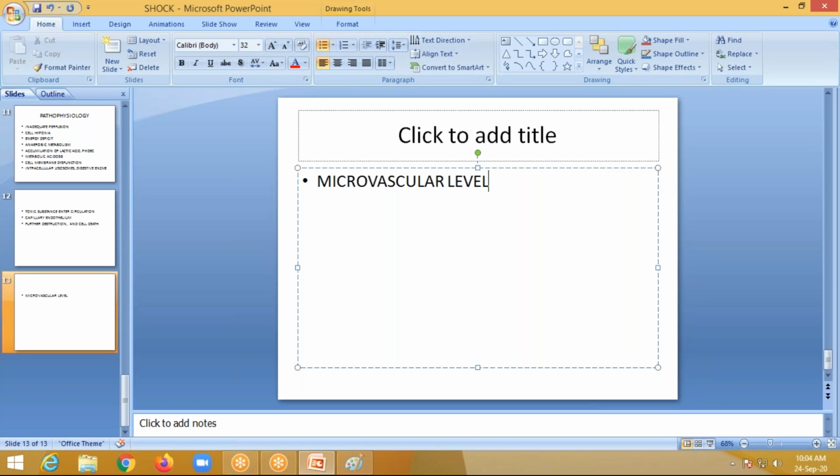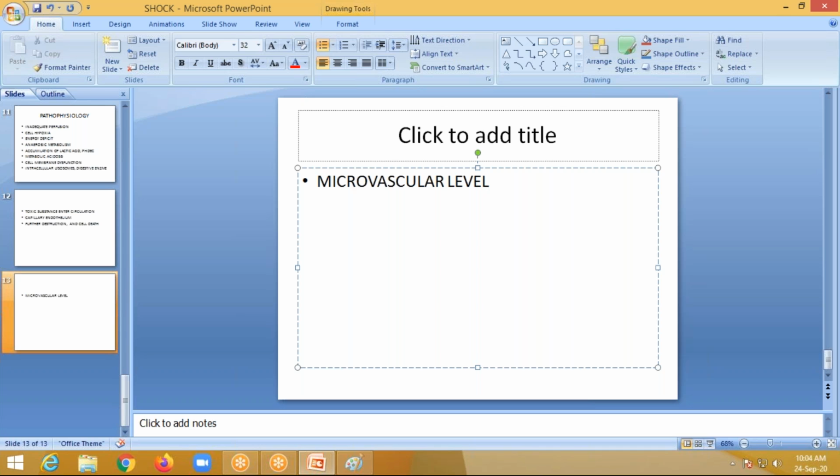At the microvascular level, with activation of immune and coagulation systems, hypoxia and acidosis will occur, and activate complement and prime neutrophils. These activated neutrophils will thrive on our own body cells. So again tissue destruction will occur, oxygen free radicals and cytokines are released, and damage of endothelium occurs, which leads to leakage of fluid and edema.